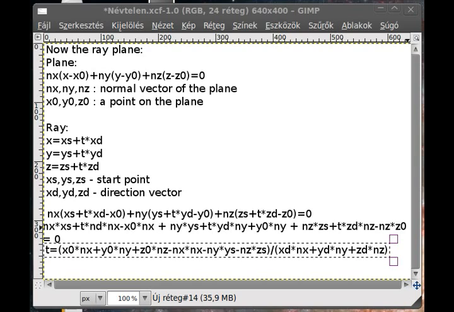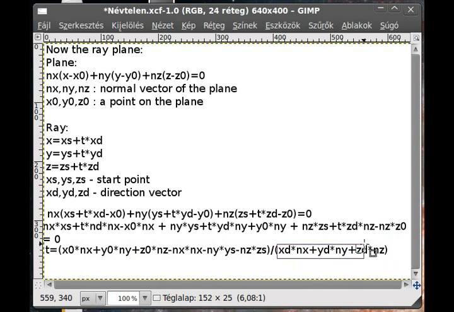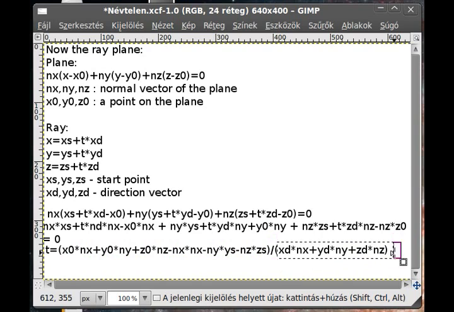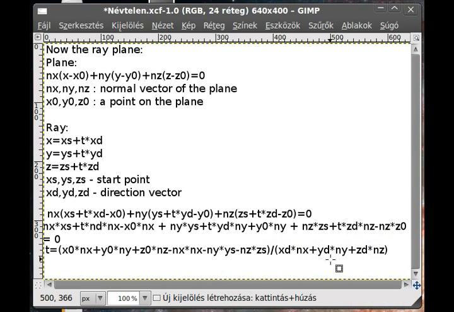Now we actually need to know whether it is the quad or just the plane, because the plane is an endless thing. Okay, if this is 0, so xd times nx and so on, if this is 0, then we cannot do the division because we don't like to divide by 0.